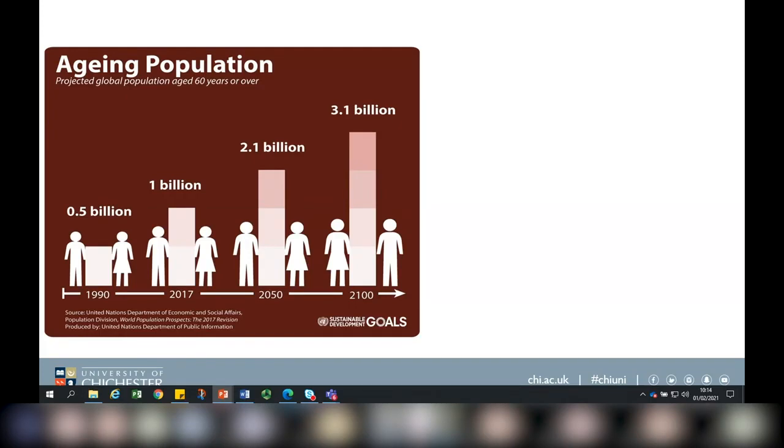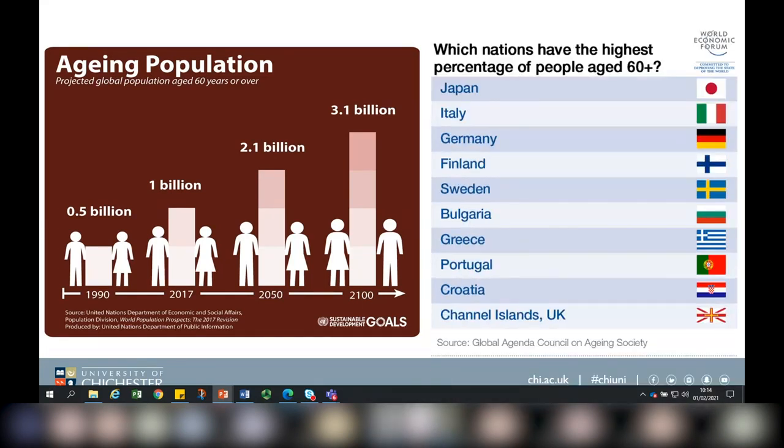Therefore, they've had to open up positions to migrant workers. So they've got a lot more migrant workers there now, which are needed to fill gaps with younger workers, because the younger people aren't having children as much. Okay, any ideas why people in Japan might not be having children?